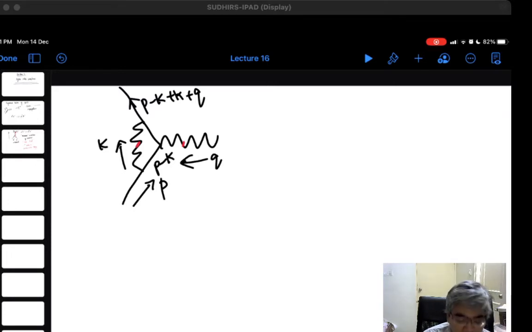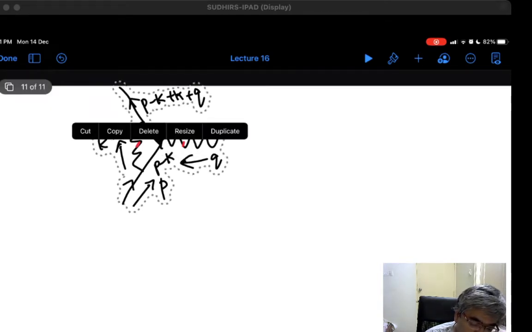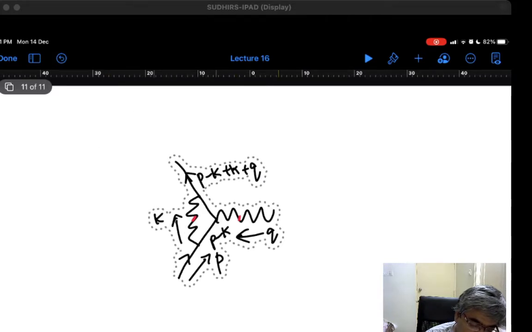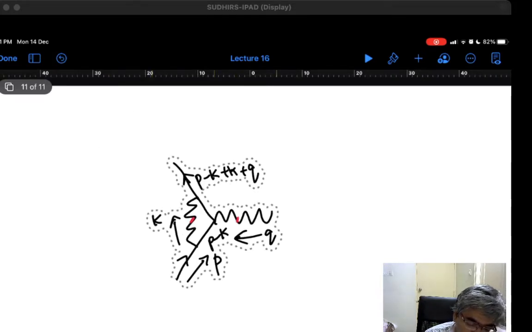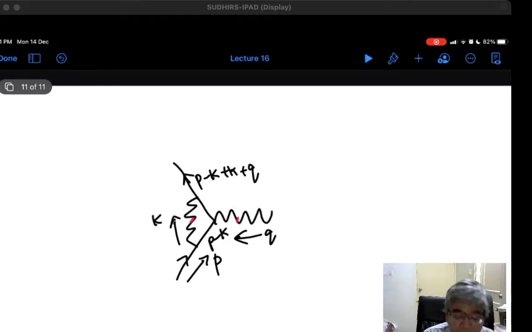I'm unable to expand this one, but anyway, you can see that I assigned momenta for each of these lines.